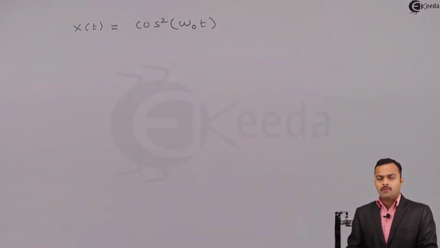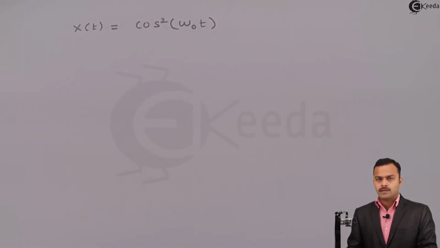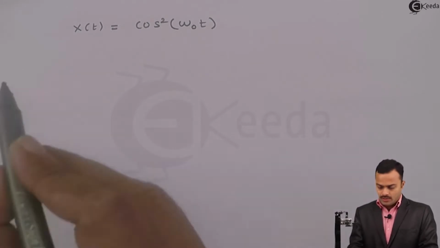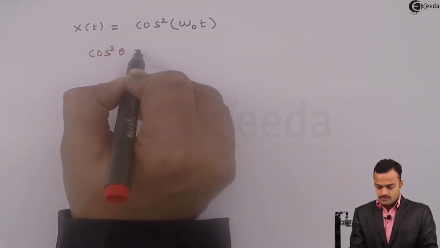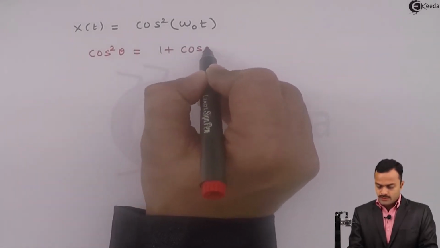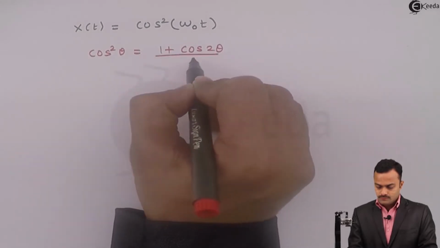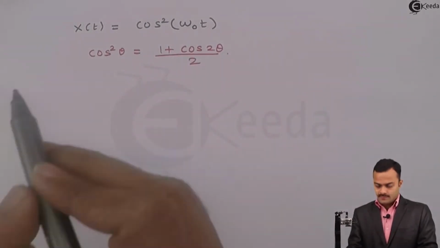Before applying the formula of energy of the signal, let's reduce this order 2 into order 1, meaning I will use the formula of cos square theta, which is nothing but 1 plus cos 2 theta upon 2. So what is this formula doing?